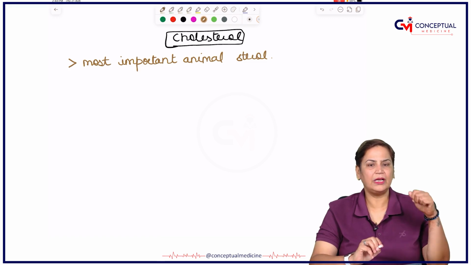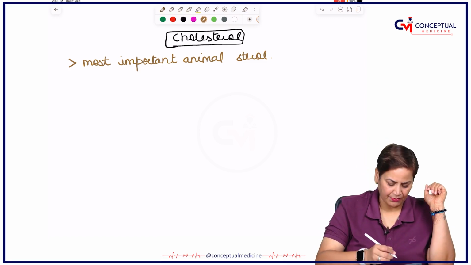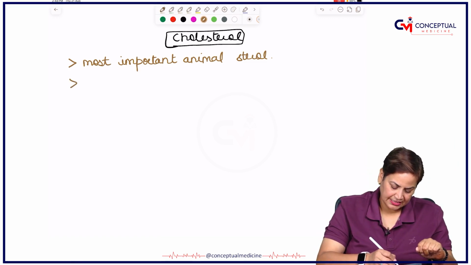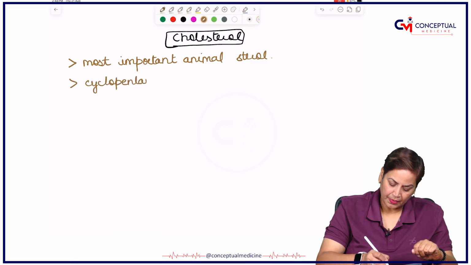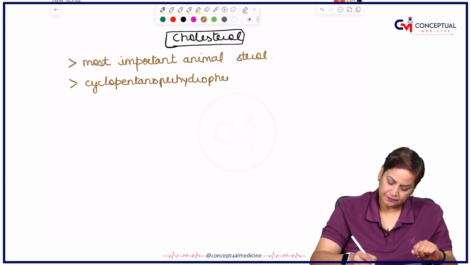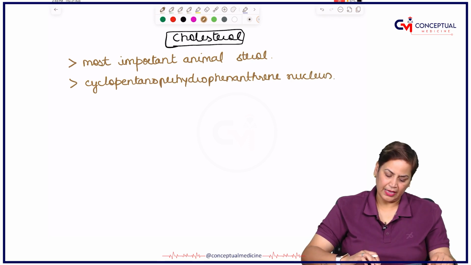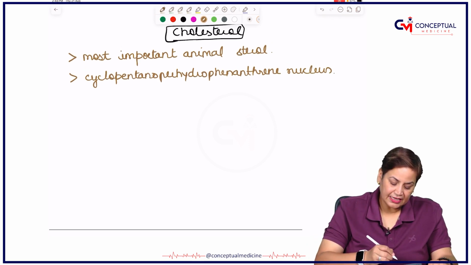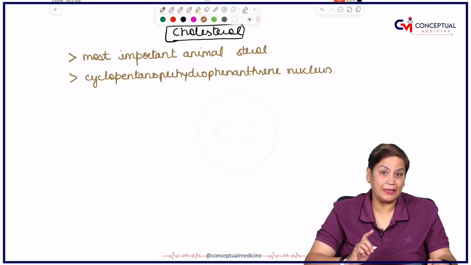And if we talk about cholesterol, it has a very interesting type of structure. It has a cyclopentanoperhydrophenanthrene nucleus. And basically it is strictly amphipathic in nature.